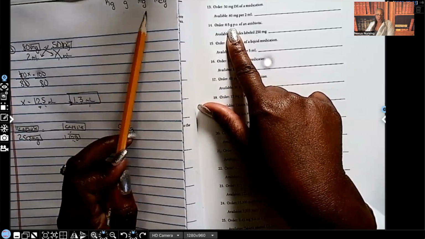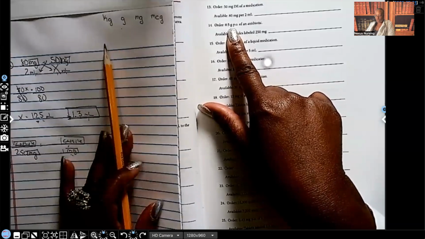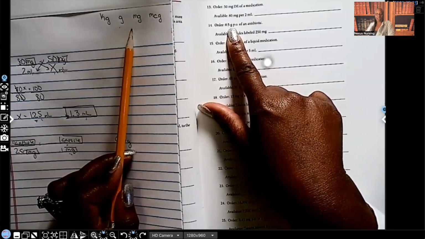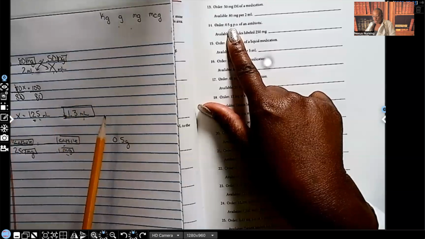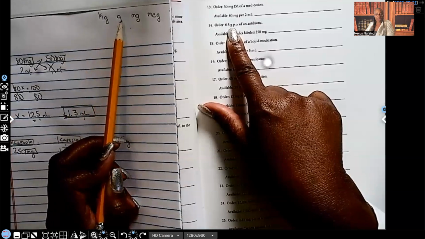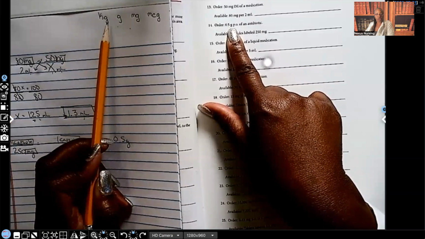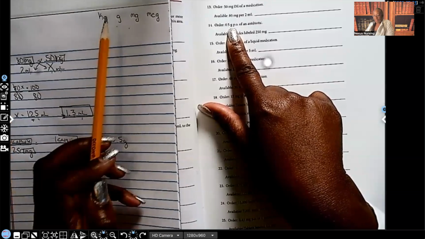I wrote this for you just to kind of keep this in mind. I showed you guys the little thing I used in my last video. So when we have to move this way, we move the decimal point to the right. And whenever we have to move this way, we move the decimal point to the left. So if I'm going from grams to milligrams, because milligram is what I need, I'm moving my decimal to the right.